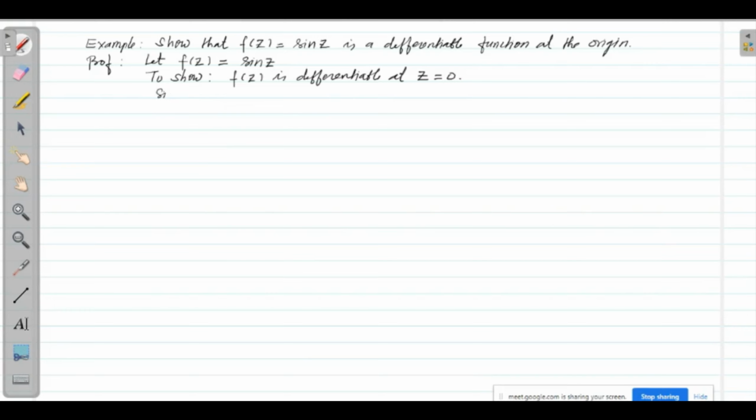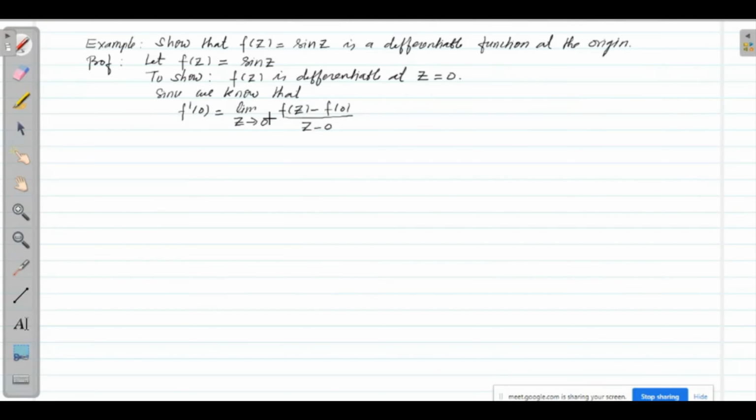Since we know that f dash of 0 is equal to limit z tending to 0 of f of z minus f of 0, divided by z minus 0.